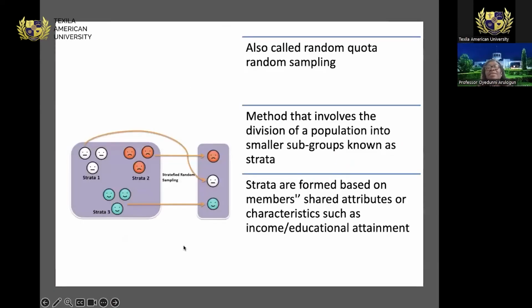So we now have the stratified random sampling, which is also called random quota sampling. In this method, the population is divided into what are known as strata, and strata are formed based on members' shared attributes or characteristics such as income or educational attainment, and then we choose from each of the strata.